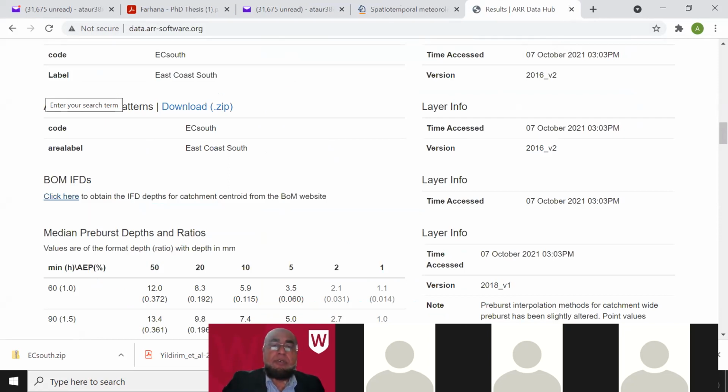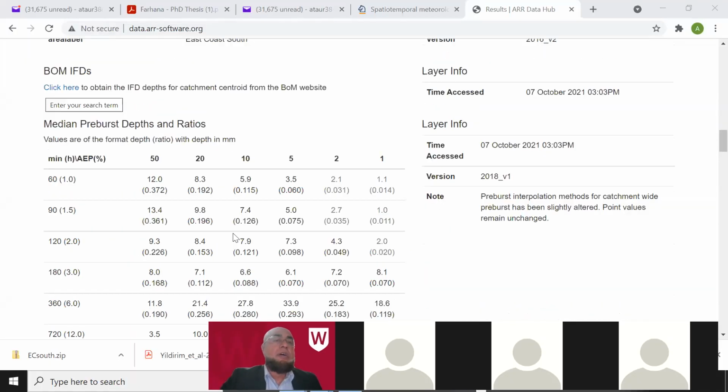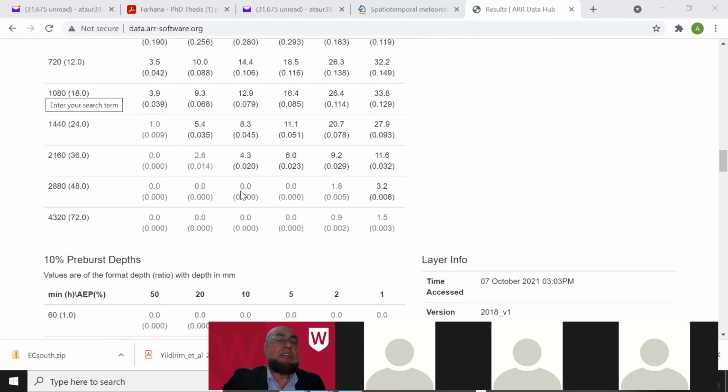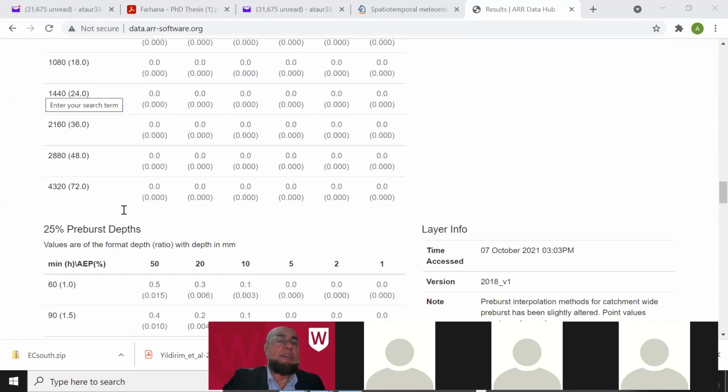So I go to your screen sharing. Okay, so now when you select the IFD, it will give you some standard data, but you can get it from there directly. So these are the pre-burst rainfall depth.